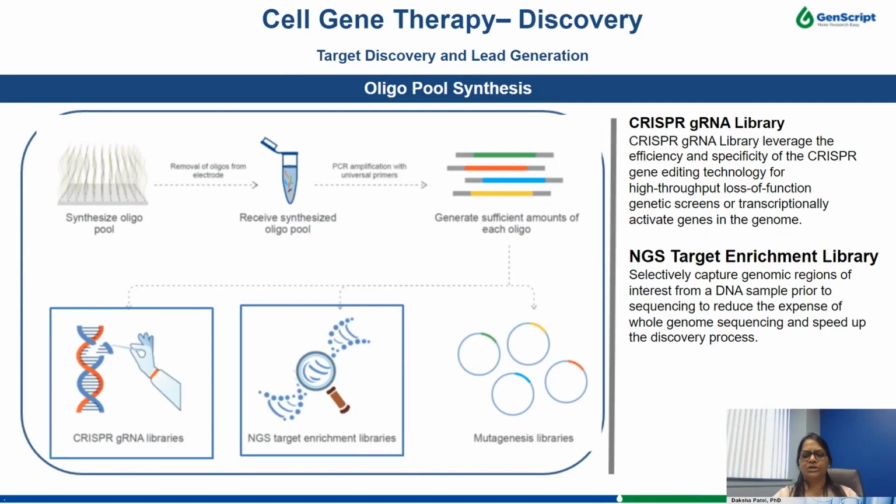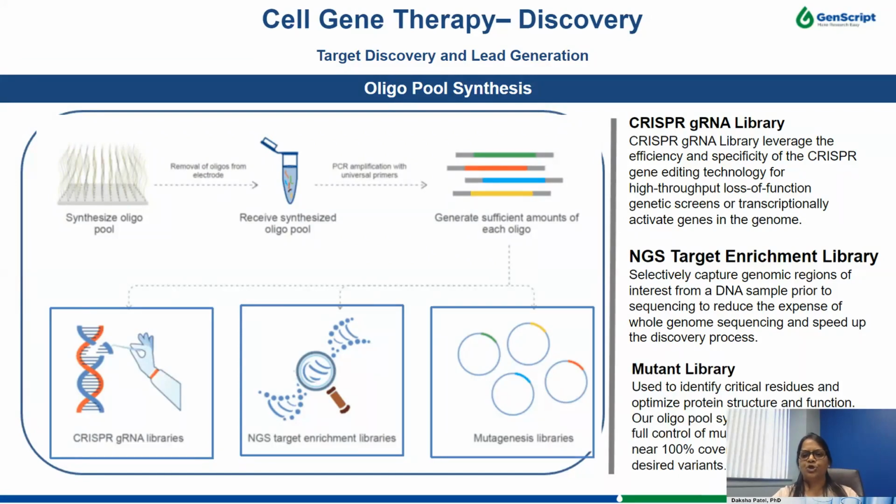It also helps with identification of T-cell receptors and assists in understanding patient genetic information and hence personalized medicine management. The mutant library helps in protein and antibody engineering and allows complete control of the mutation ratio and creates near 100% coverage of the desired variants.